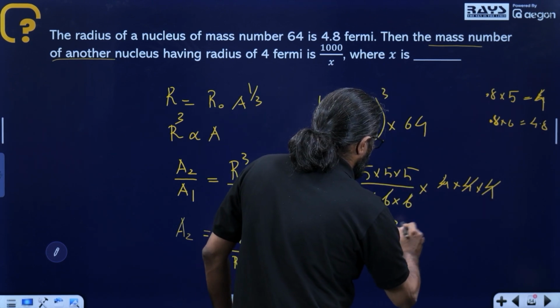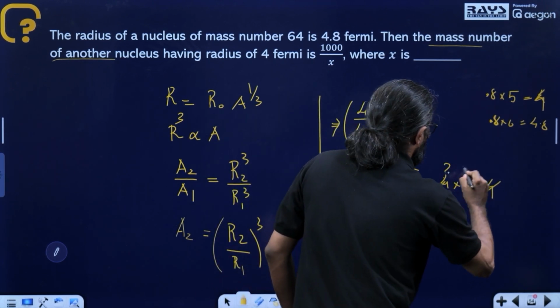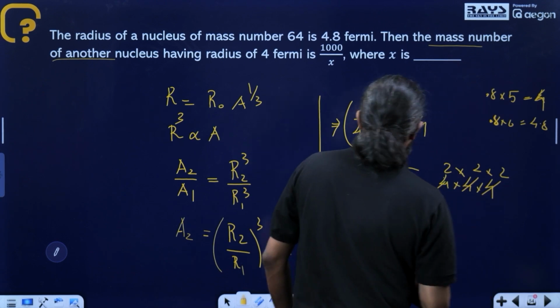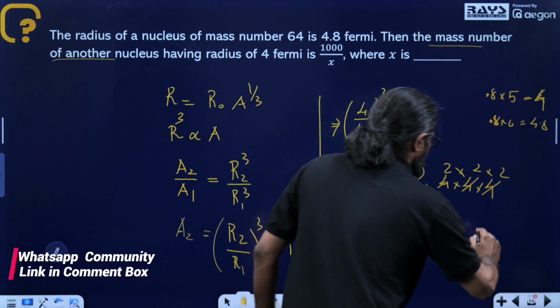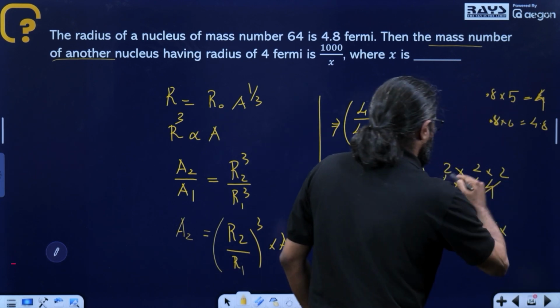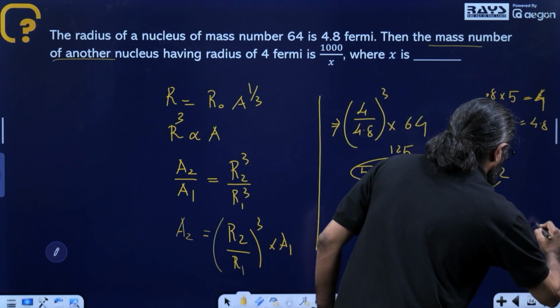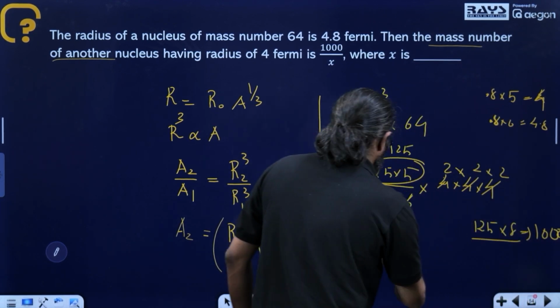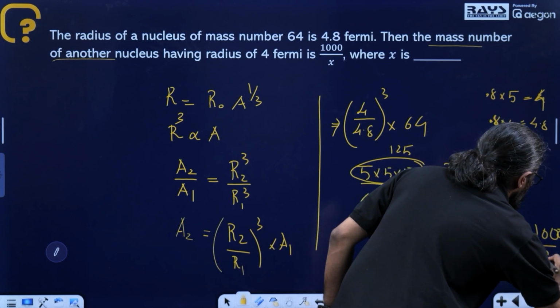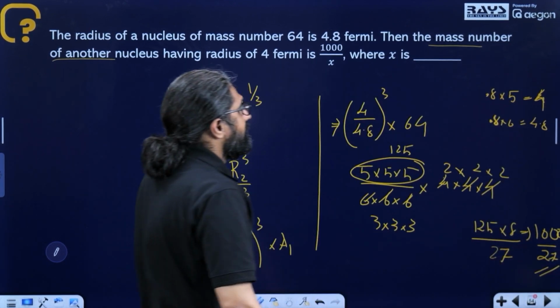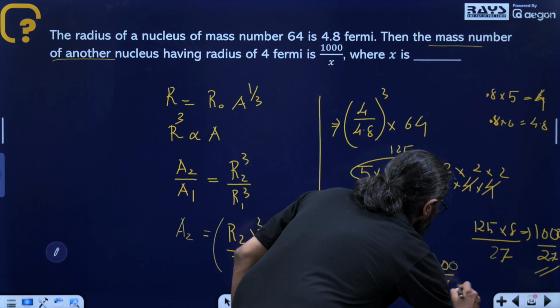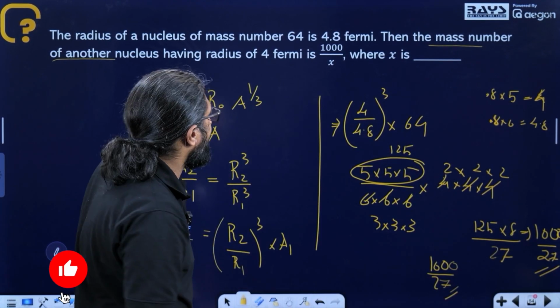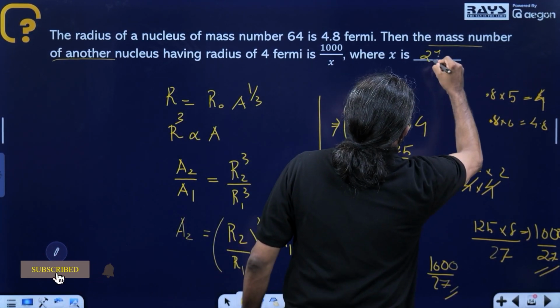This is 3 into 3 into 3 here with 2 into 2 into 2. And this is basically 125. That is 125 into 8 is 1000 here. And that divided by 27. So 1000 by 27 is what we get. If it's 1000 by 27, we finally have x as 27.